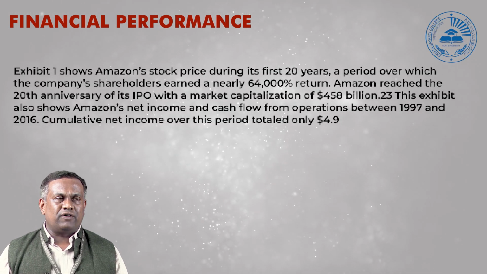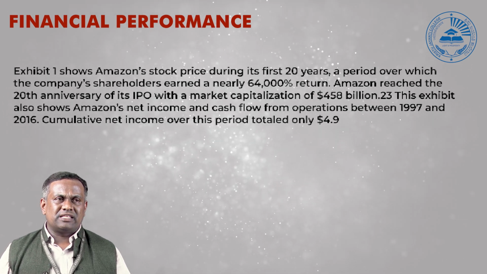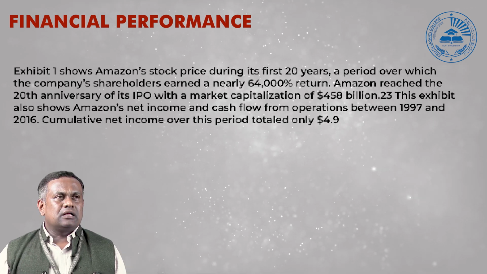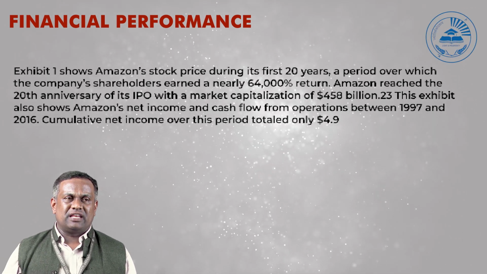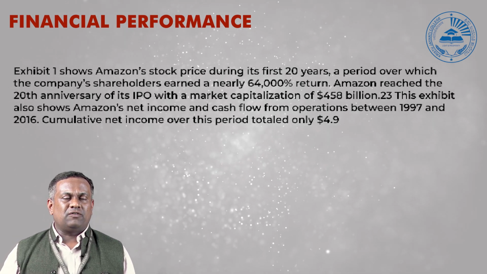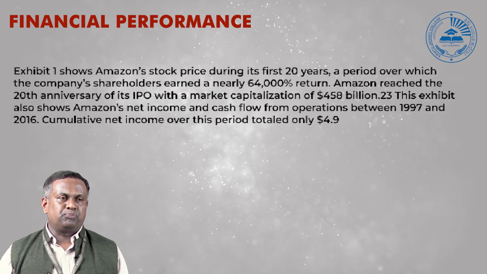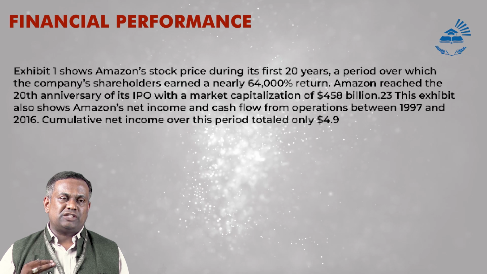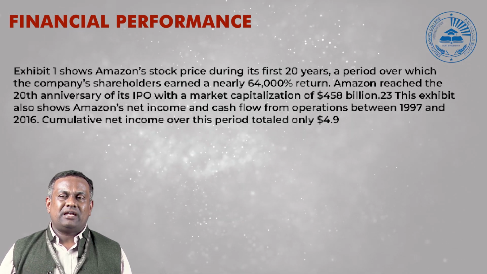If you see the financial performance, there is an exhibit which shows the stock price, and there are a number of things we can notice from this graph. There is the stock price, cash flow, and the profitability, that is net income. We can find there is an increase in the cash flow, but it is not significantly influencing the net income.